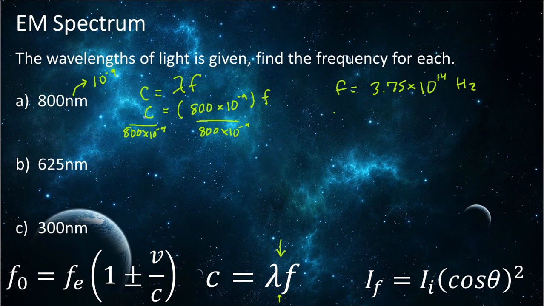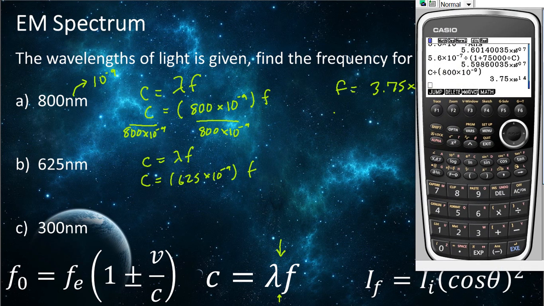Basically it's going to be the same thing over and over again. So c equals, this time, 625 times 10 to the negative ninth. Frequency, and divide.